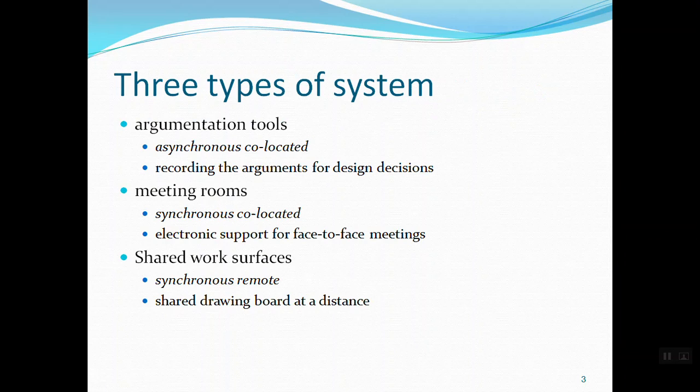There are actually 3 different types of systems: argumentation tools, meeting rooms, and shared work surfaces, as put up in this particular slide. We will see one by one. Argumentation tools are basically co-located and asynchronous in nature. So naturally a variety of arguments could come out.